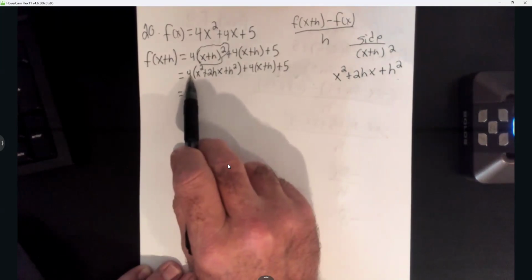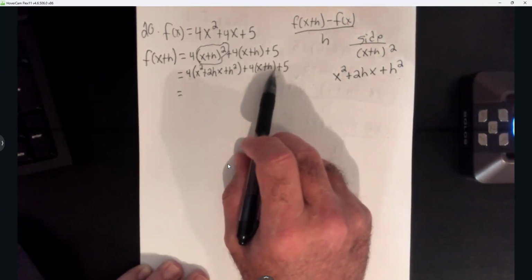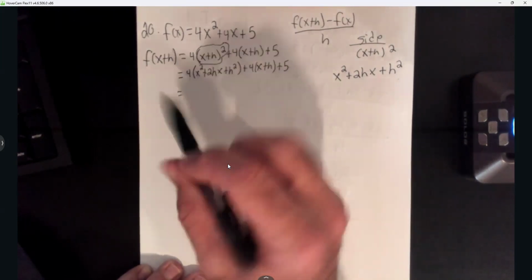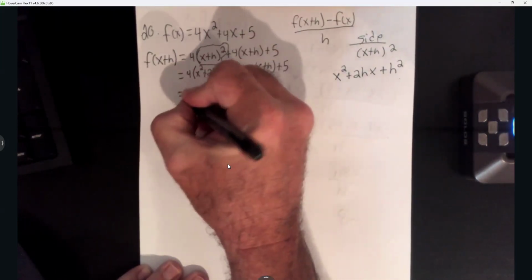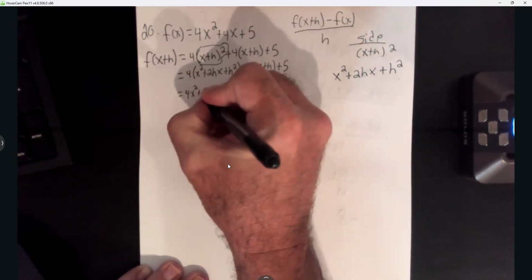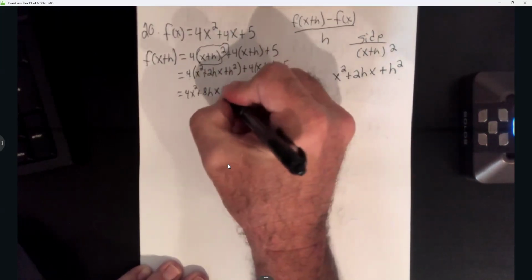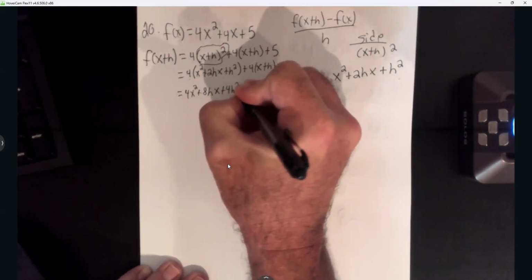Next, I'm going to distribute the 4 and the 4 here. So 4 times x squared is 4x squared. 4 times 2hx is 8hx. 4 times h squared is 4h squared.